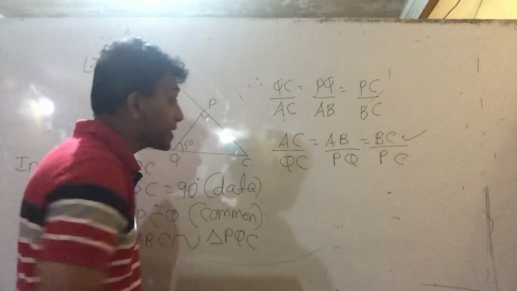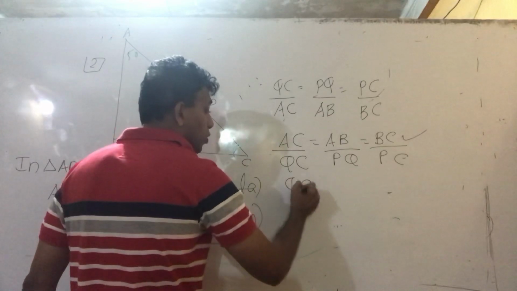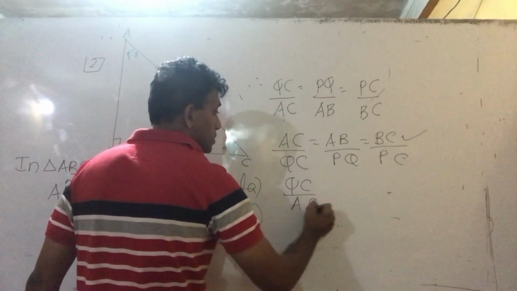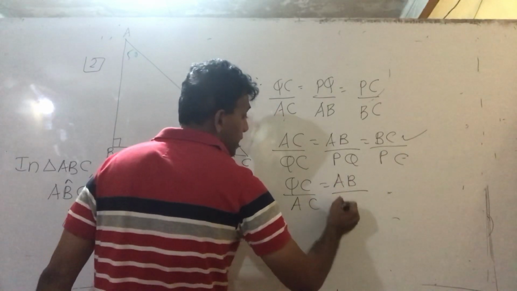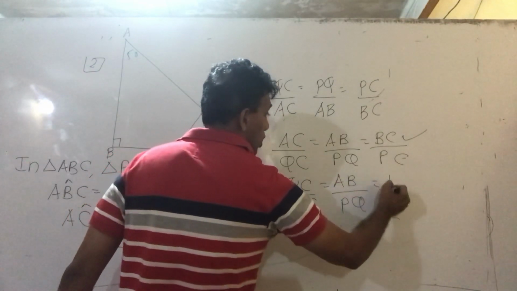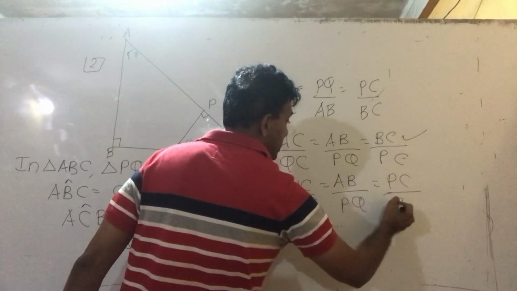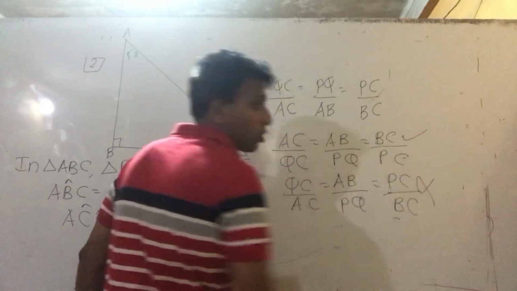Or if anyone says like this, QC over AC equal AB over PQ equal PC over BC, this is wrong. Check that.